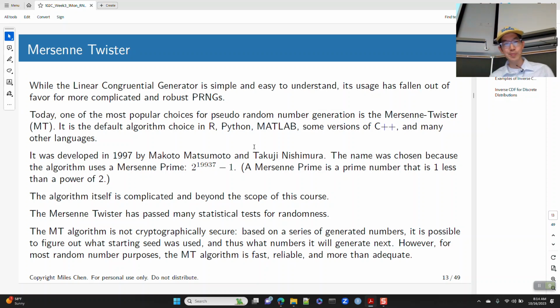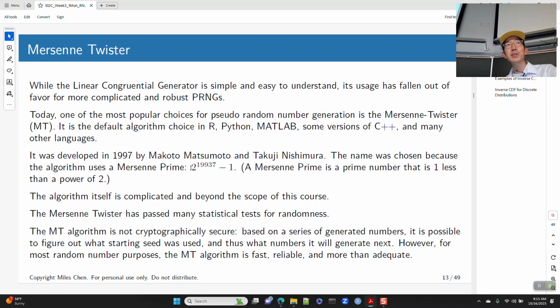It uses a Mersenne prime, I guess 2 to the 19,937, whatever that number is, minus 1. And I guess a Mersenne prime is a prime number that is 1 less than a power of 2. It was developed in 1997, so now it's pretty old. What's that? 25, 26 years old. And it's kind of the default number generator in R, also Python, also MATLAB, versions of C++, so on and so forth.